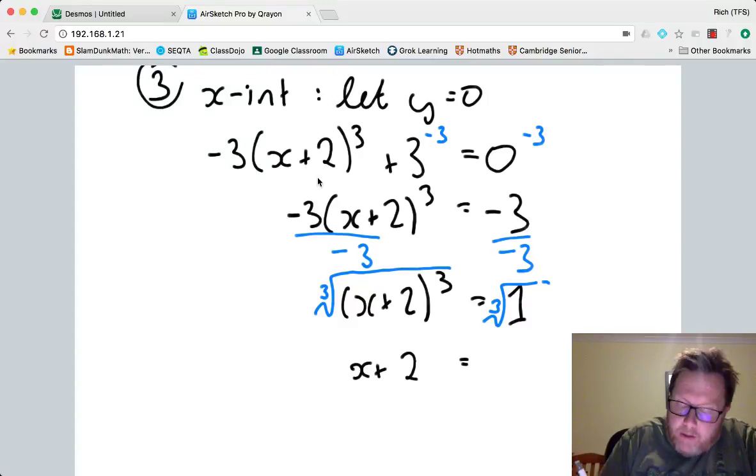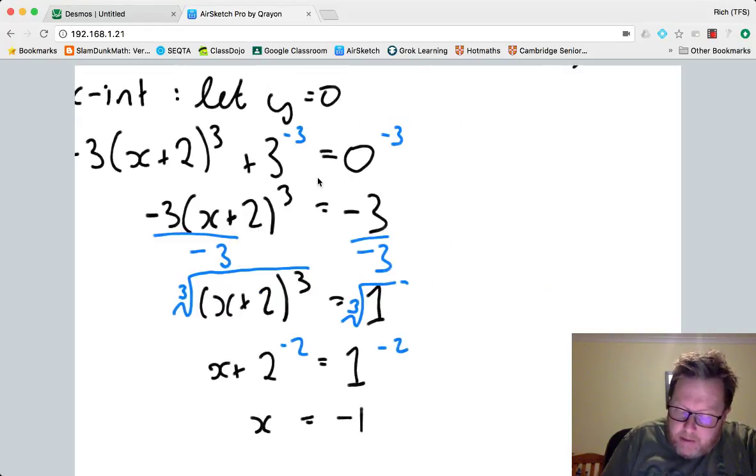And so the only solution to the cube root of 1 is in fact 1. So just the one value there. And then take 2 away from both sides, and I get x is equal to negative 1. And that gets me my third critical point, negative 1, comma 0.